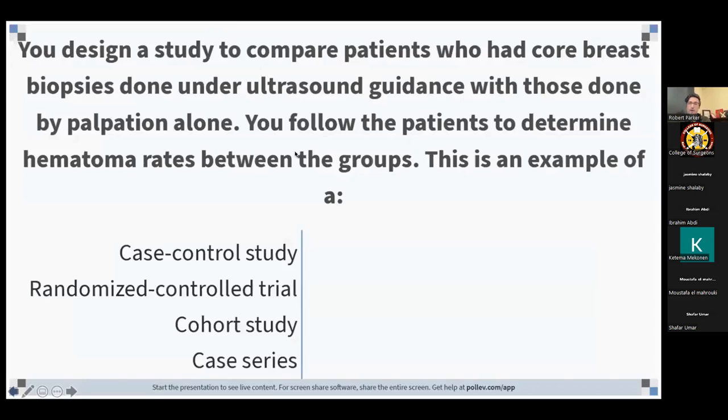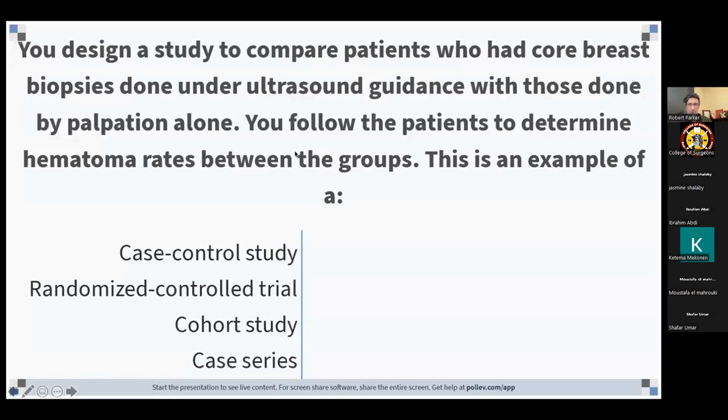I like it. Okay. So I would call this a cohort study because your participants have undergone an exposure and you are following them throughout time to see if they develop the outcome. So it's kind of about when you're looking at the exposure and when you're looking at the outcome. The exposure in this is the procedure. They had a breast biopsy done, a core needle biopsy.